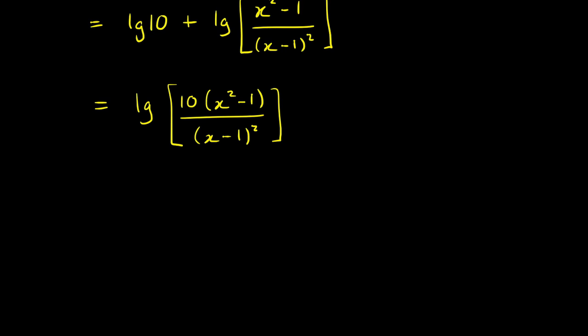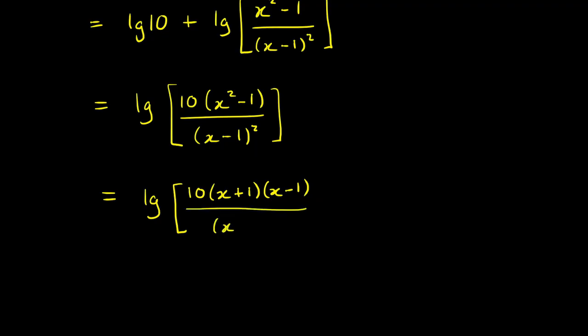And the way we can simplify it is by factorizing this expression here. So I am going to write x squared minus 1 as x plus 1 times by x minus 1. I'm going to write it as the difference of two squares over x minus 1 squared. Now, why have I done that? Well, because I can now divide top and bottom by x minus 1, right? So that is going to cancel, and that's going to cancel.